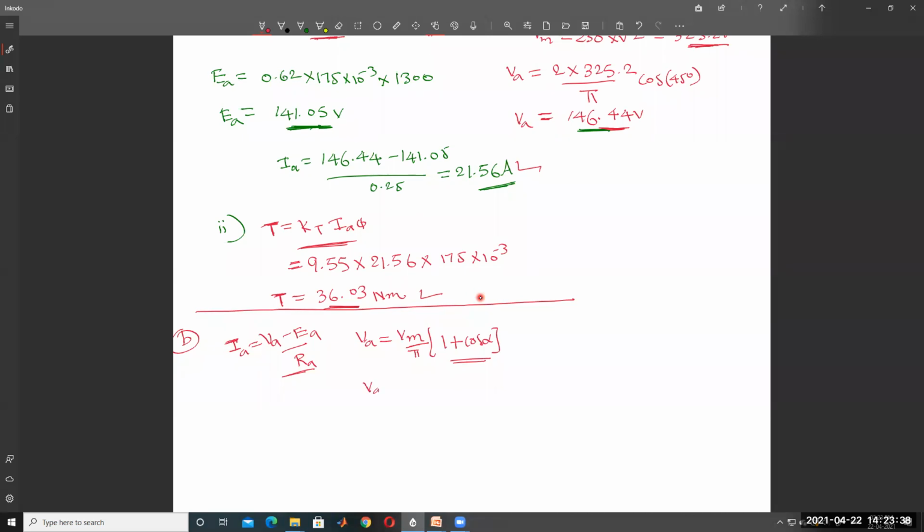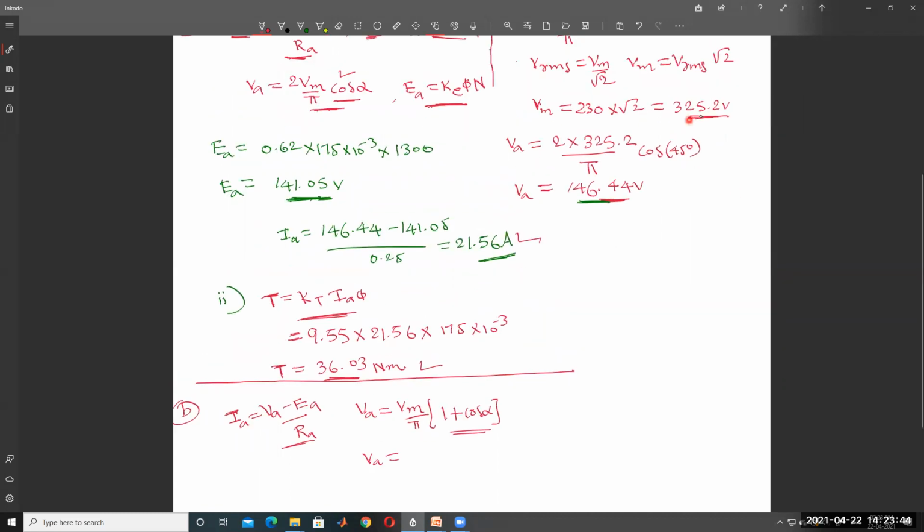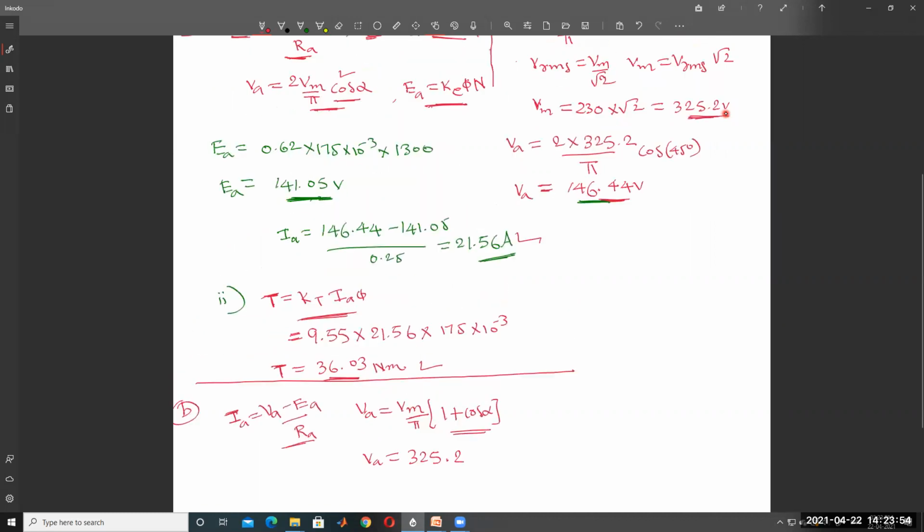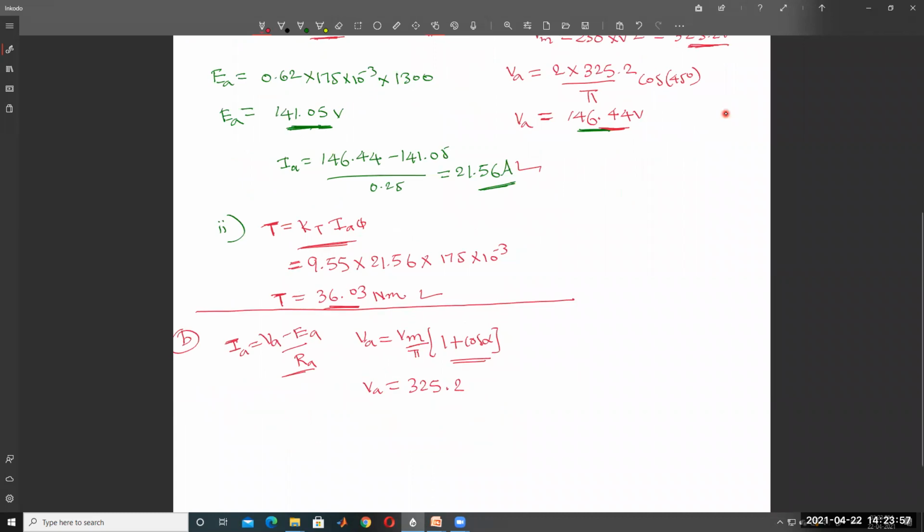VA is equal to VM by pi into 1 plus cos alpha. How much VM? VM is 325.2, that is 230 into root 2, divided by pi, into 1 plus cos alpha, with alpha 45 degrees.